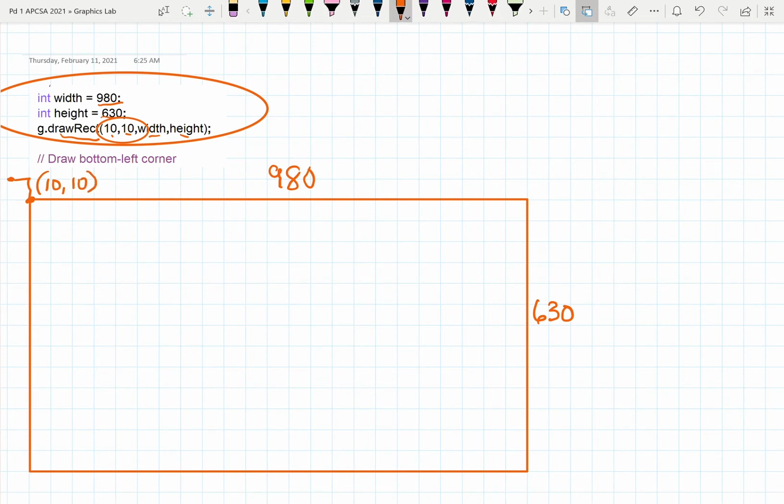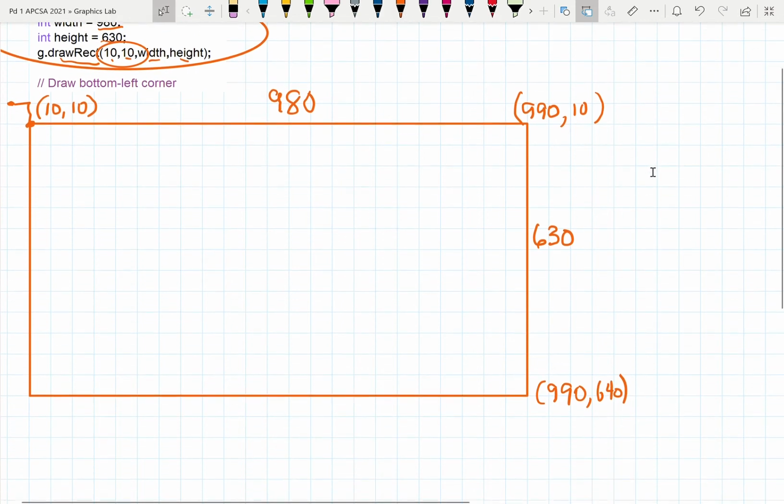So if I move 980 units to the right from 10, I'm at 990. So the x coordinate of the upper right-hand corner of the box is 990, 10. Okay, and if I move 630 pixels down, we're still at 990 pixels to the right, but now I'm at 640 pixels down.